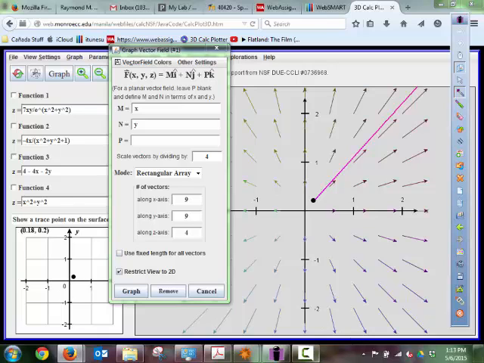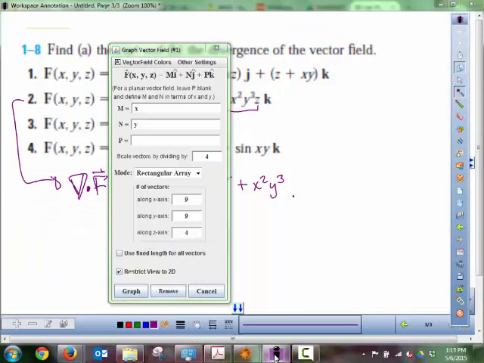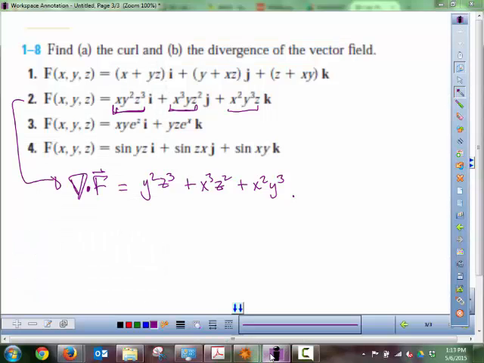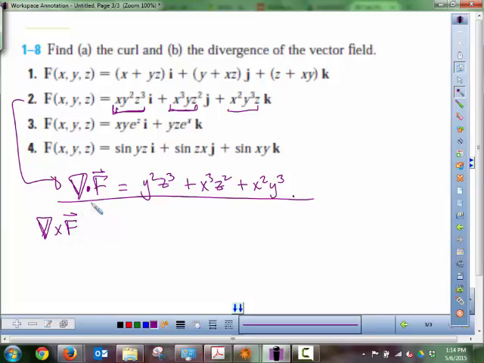Now let's take a look at the curl. This one will take a little bit more work. So this is my vector field, x y squared z cubed, x cubed y z squared, x squared y cubed z.